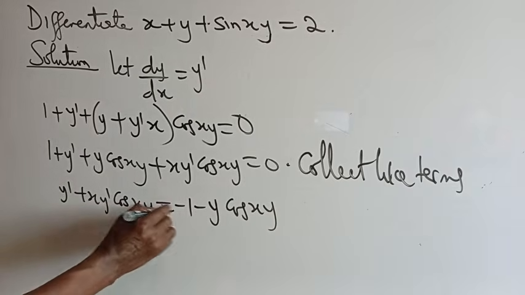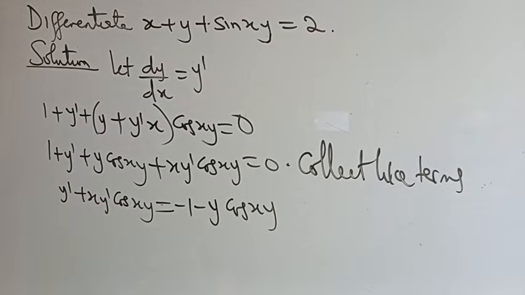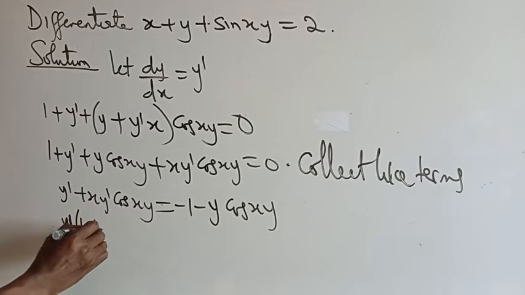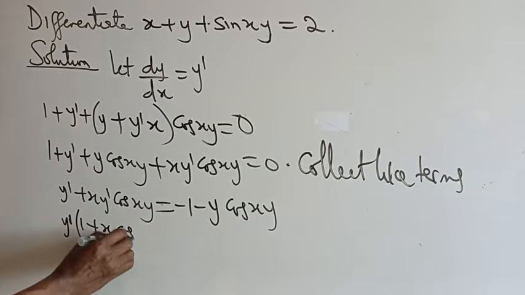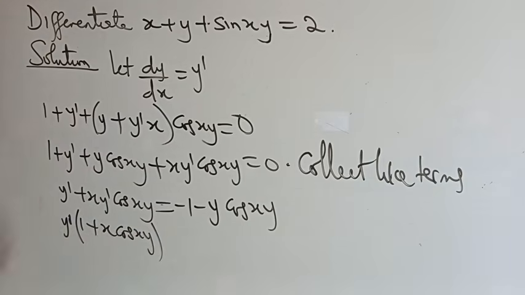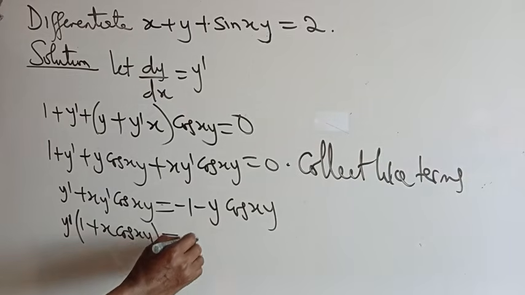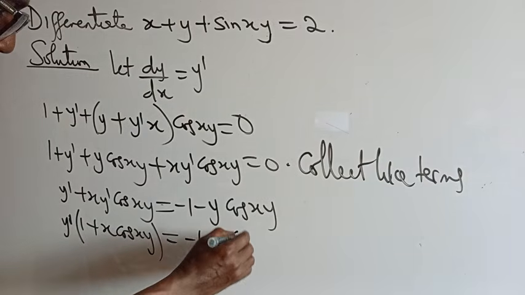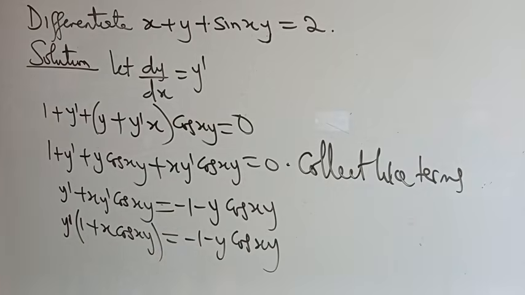I hope that is understood. Yes, we have collected like terms. So what is common here? y prime is common. What are you going to get? 1 is left here, plus x remaining here, cos xy. We have factored out y prime, which is equal to minus 1 minus y cos xy. Fine.